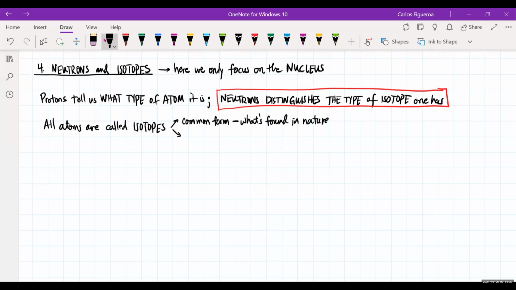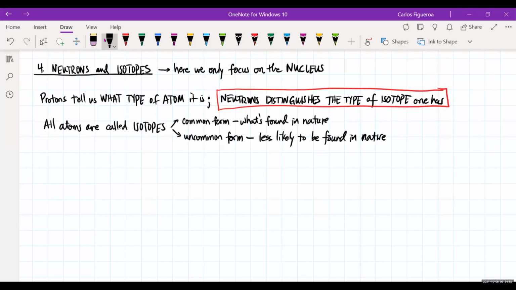So if you go and, let's say, look for hydrogen, you'll find that there's 3 types of hydrogen, as we're going to be talking about right now. And then what you're going to find here is that these are the uncommon form, and these are less likely to be found in nature.